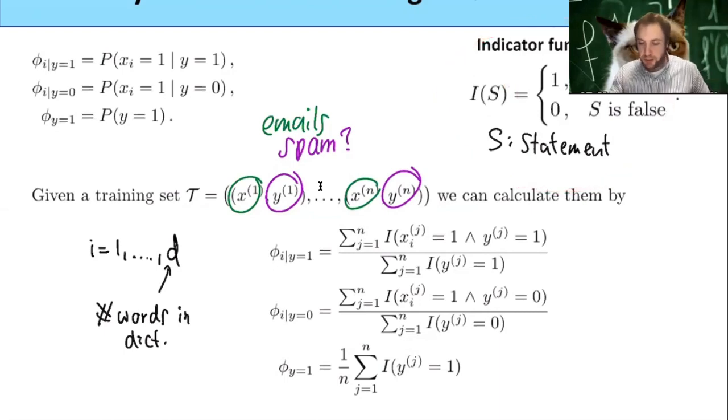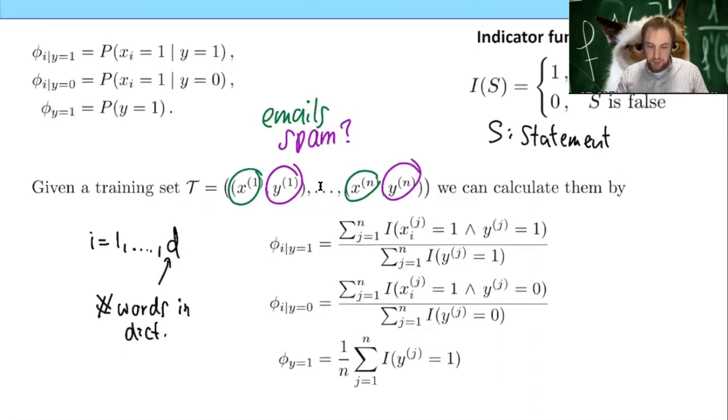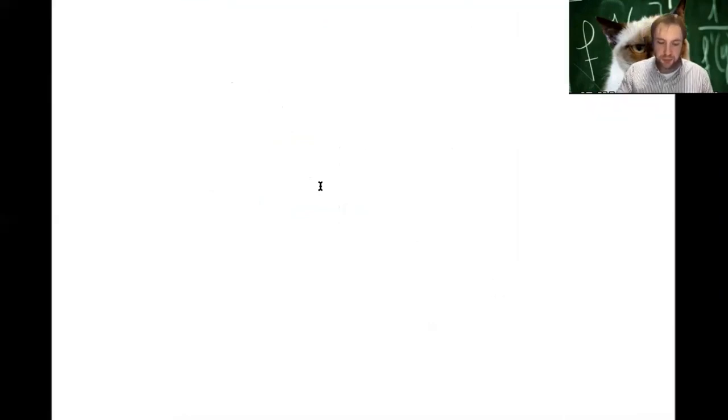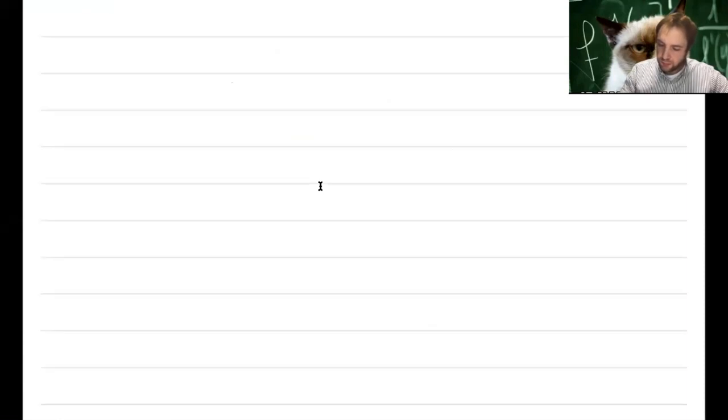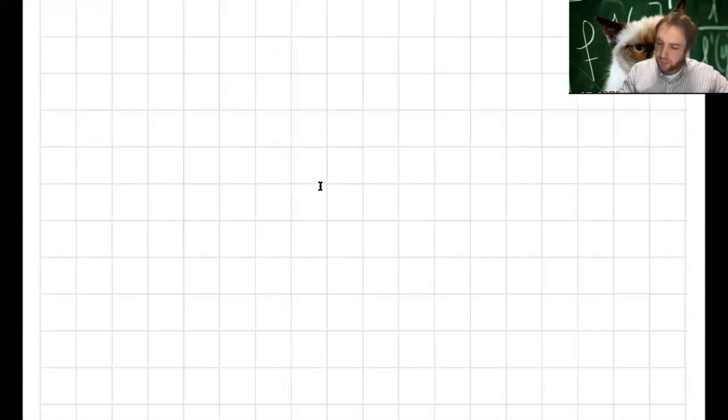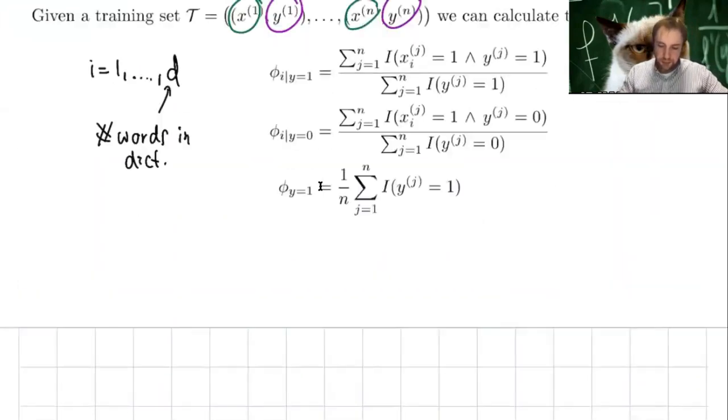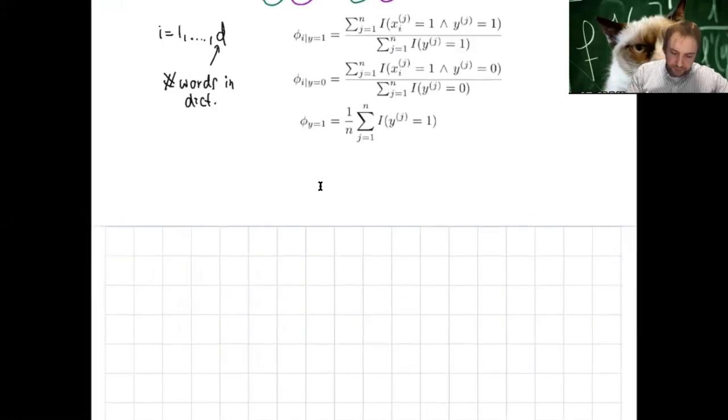So maybe we can do an explicit example. Let's say we have d equals 3.